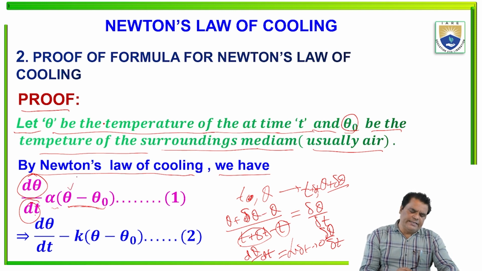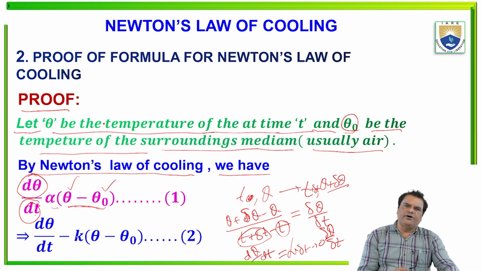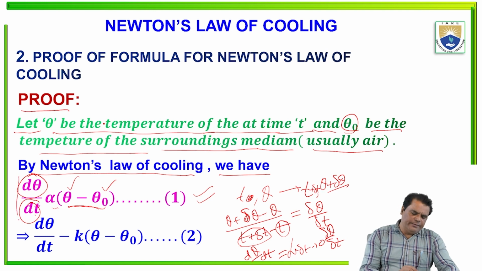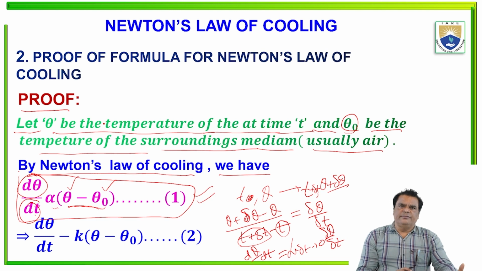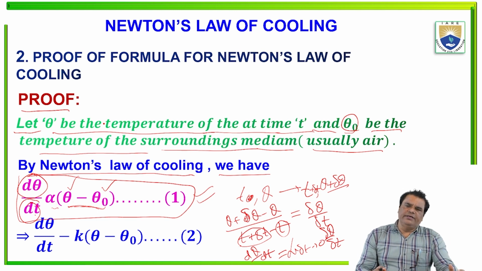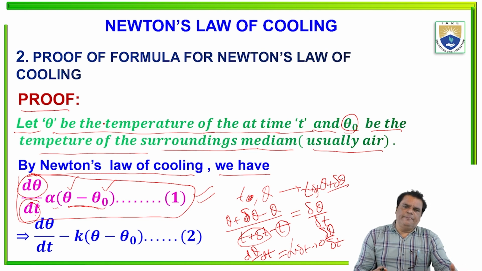Here theta is the temperature of the body and theta naught is the temperature of the air medium. So d theta over dt is proportional to theta minus theta naught. This is equation 1. According to the statement, we have written this equation 1: the rate of change in the temperature of the body is proportional to the difference between the temperature of the body and the temperature of the surrounding medium.